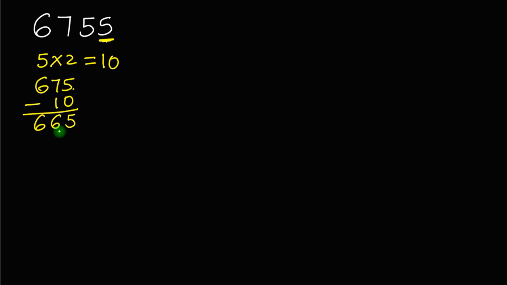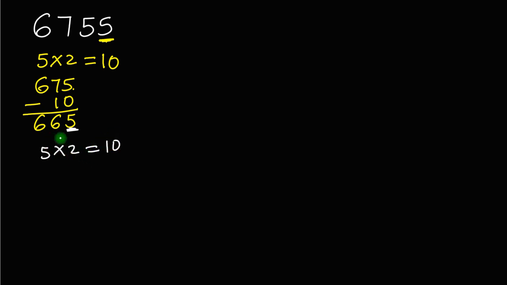Still, if we repeat the same process again, we can get whether it is divisible by 7, since it is very easy. Now in this case, again, this is the last digit. Can we double it? That will be 5 times 2, we get 10.